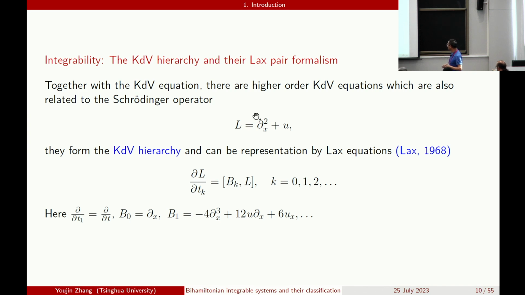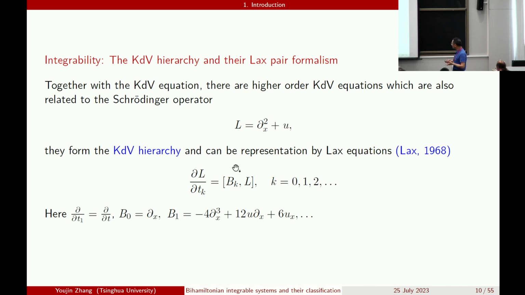So in this way, Lax realized that we can find some differential operators B_k for the KdV equation. We can write the KdV equation in terms of the commutator of this third order differential operator and this operator L. Then this gives us the evolution of the unknown function u.